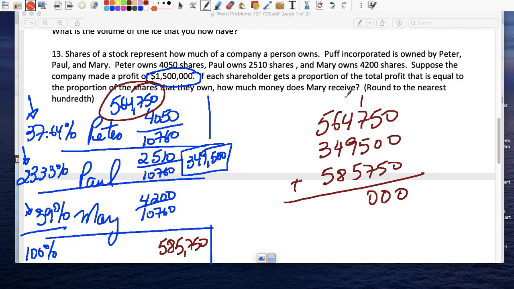Carry 2. 6 and 5 is 11 plus 9 is 20. Carry 2. 10 again. Carry 2 again. And 5, 10, 15. Oh, look at that. I was actually pretty good. I'm surprised.